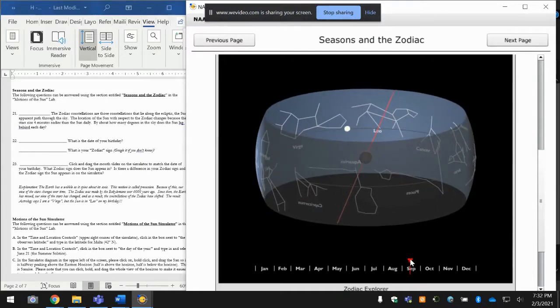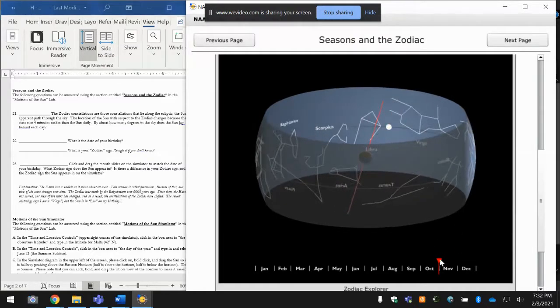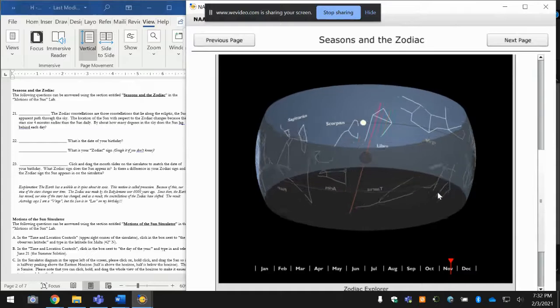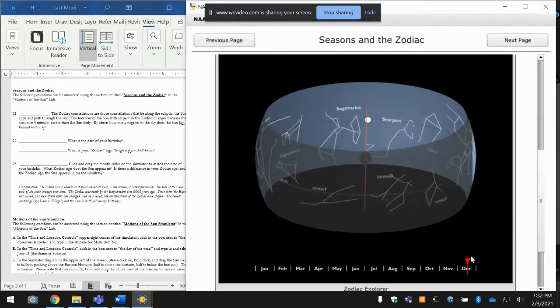And then in mid-September, that's when you become Virgo, and you'll be a Virgo all the way through till about the beginning of November. And then at the beginning of November, you're a Libra, and then mid-November through mid-December, you're Scorpius. And then from there, you're Sagittarius.